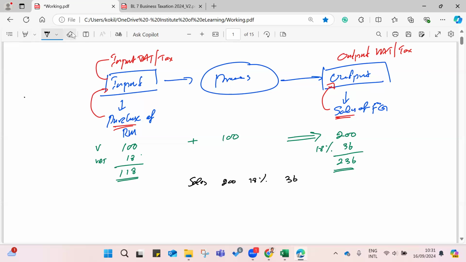Sales we call output, output tax. Then what you can do is deduct purchases, which we call input, the input tax paid when you are purchasing raw material or whatever things are connected to the business.